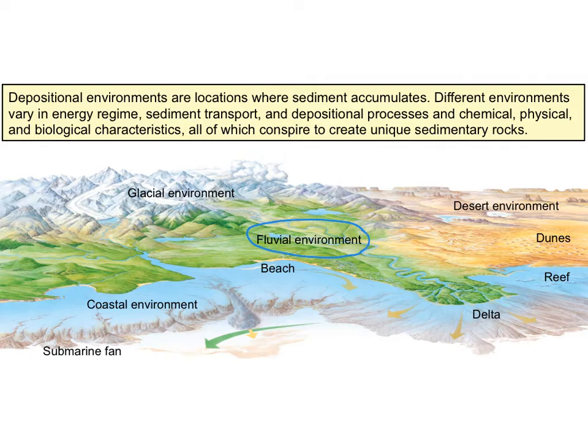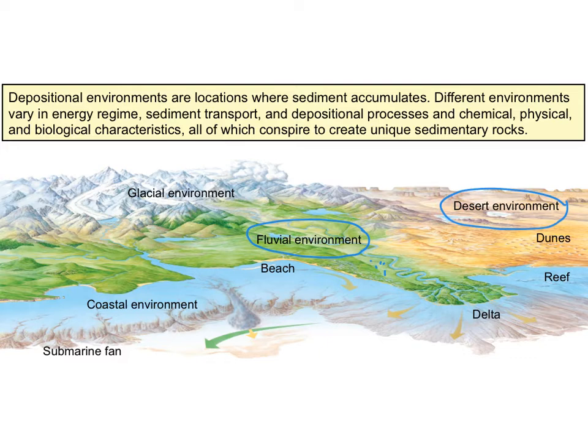So in parts of river systems, like for example in the floodplain here of this river, you might deposit fine-grained clastic sediment that will turn into siltstone or shale. Sediment can also be transported by wind and deposited in the desert environment, say a low-lying desert, where it might become lithified into a sandstone that preserves big crossbeds, like we talked about last week.